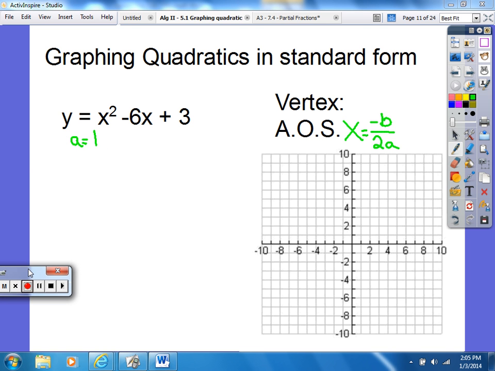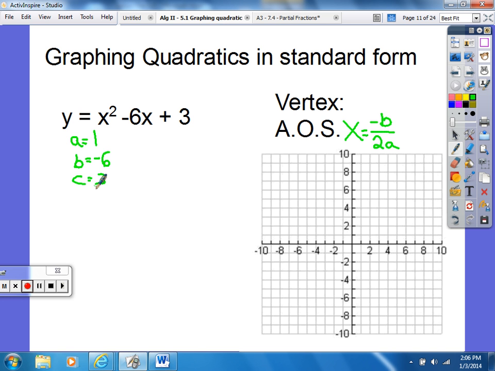B is the number in front of the x term. What number is in front of the x? Negative 6. And C is the number that's all lonely. It has no x with it at all. What is C? Okay. So if you hadn't learned that in the past, I'm teaching you that now. A, B, and C. Pretty simple, right?